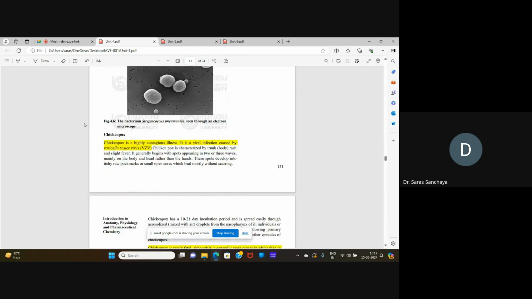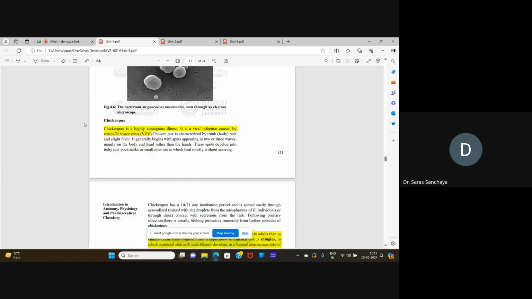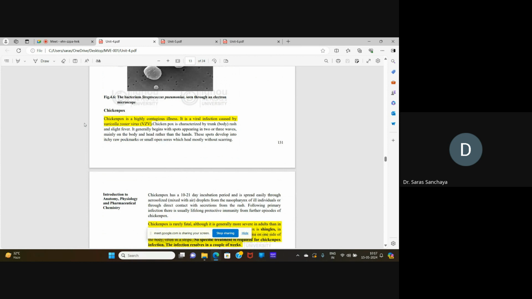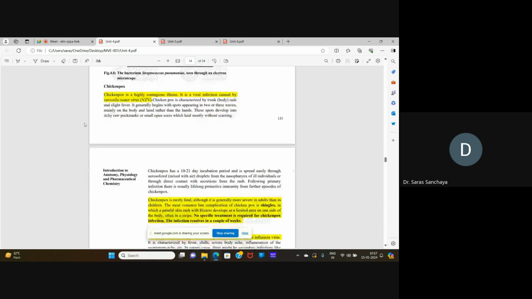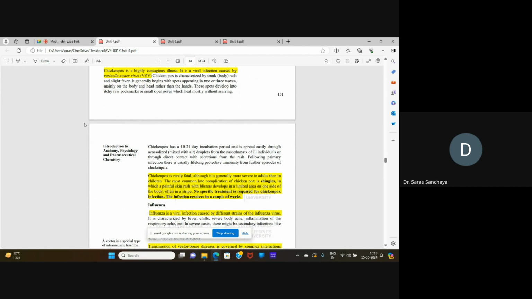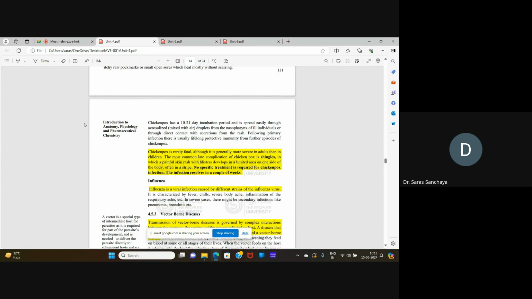Then we come to chickenpox. Yes, chickenpox is also a respiratory infection. Chickenpox is a highly contagious illness. It is a viral infection caused by varicella zoster virus, and it can cause various symptoms like rash and fever. Chickenpox is rarely fatal, although it is generally more severe in adults than in children.